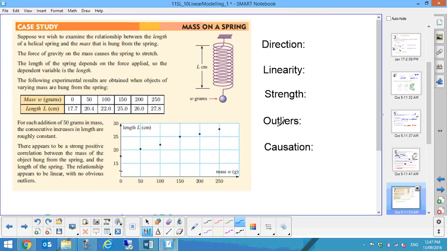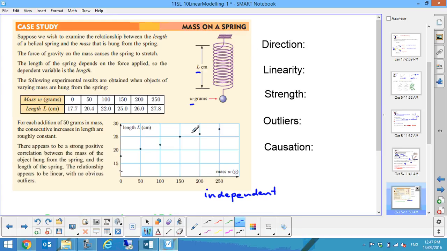In this example in your textbook, we've got a mass hanging on a spring, and for different weights, so here's our weight in grams, we get a different length of the spring. So in this experiment, this is written on the top, and that's usually our independent variable. So we're controlling the masses at the end of the spring, and then measuring how far the spring stretches.